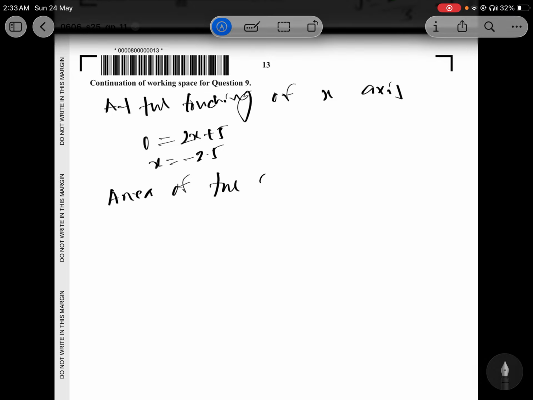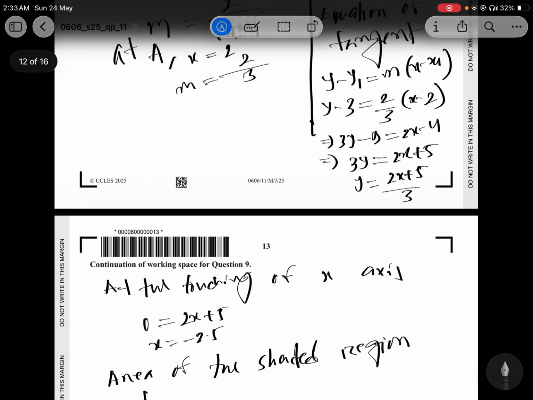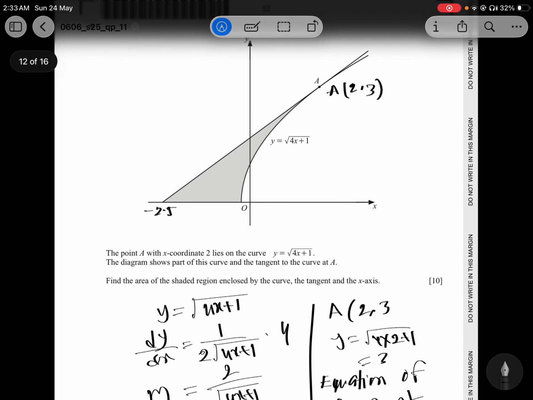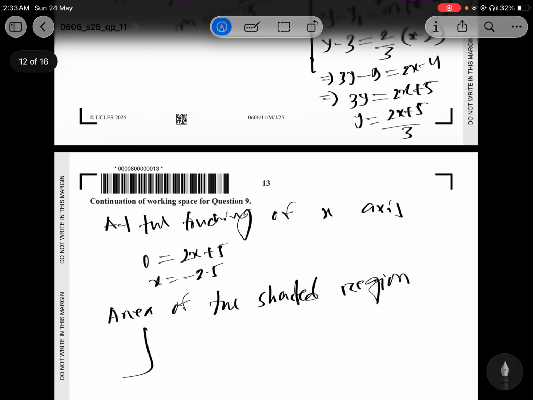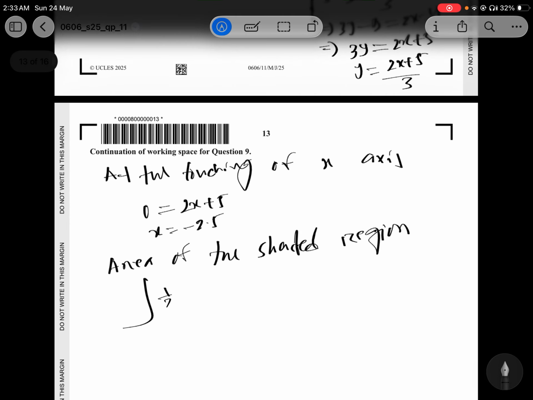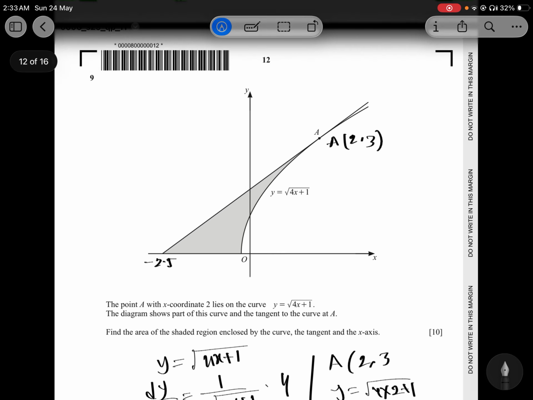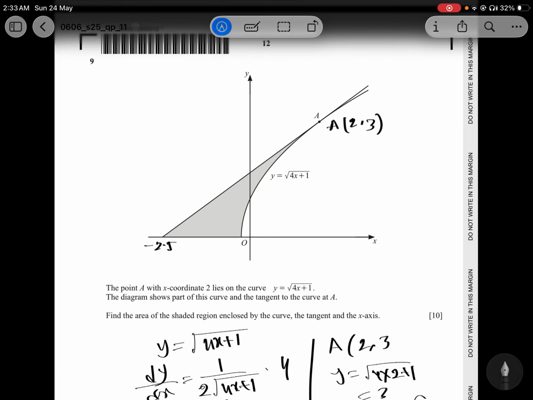Area of the shaded region. Integration of which is the top curve, which is the straight line. So 1 by 3 times 2x plus 5 minus square root of 4x plus 1.